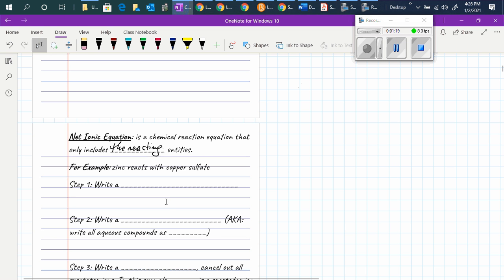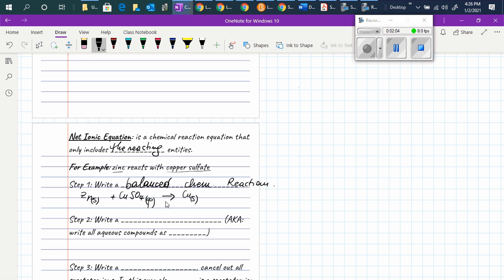So in this example, when we have zinc reacting with copper sulfate, the balanced chemical reaction will be something like this. So zinc solid is reacting with copper sulfate, which is CuSO4 aqueous, and this being a single replacement reaction, you do remember what a single replacement reaction is.